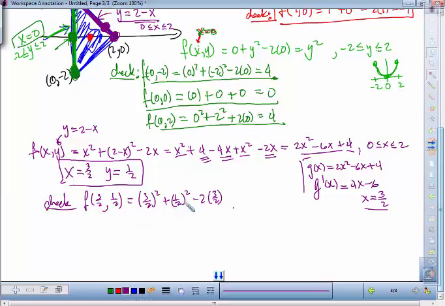So 9 plus 1 is 10, 10/4, minus 3. 10/4 is 5/2. 5/2 minus 3 is negative 1/2.